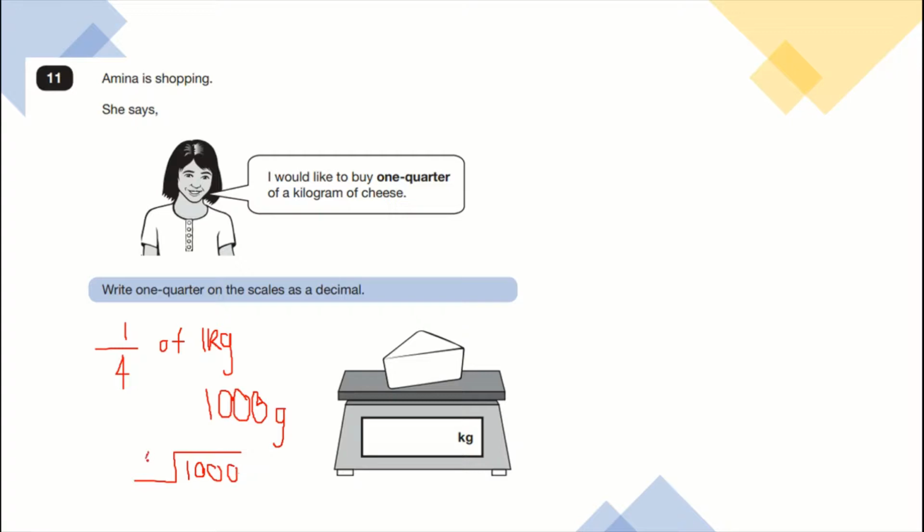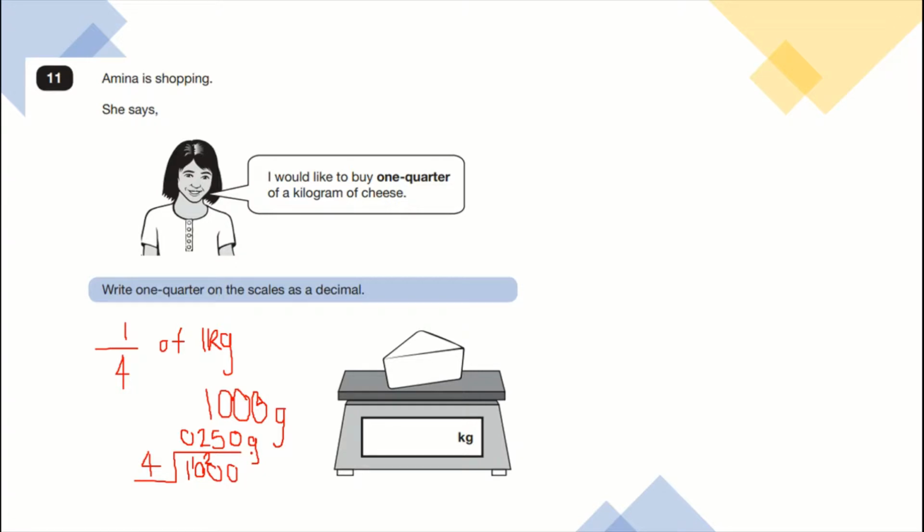divided by 4. How many 4s are in 1? That's 0, carrying over the 1. How many 4s are in 10? There's 2, with a remainder of 2. How many 4s are in 20? That's 5. And the 0, just write the 0 in. So 1/4 of a kilogram is 250 grams.